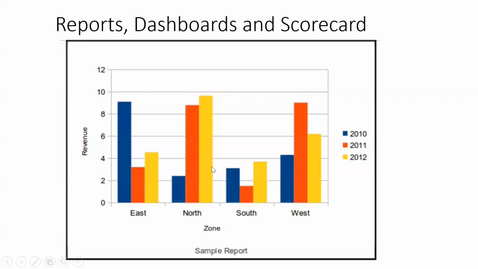And we are creating a bar chart, bar plot over here. The two dimensions are, one is year, and another one is zone. So first of all, in the x-axis, we are putting zone: east zone, north zone, south zone, west zone. Then each zone, we are splitting based on year. So two dimensions, we can use multiple dimensions as well.